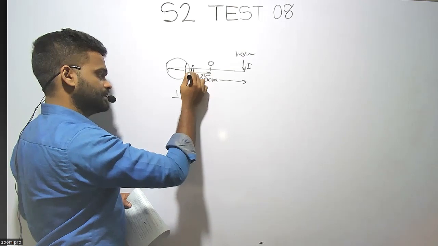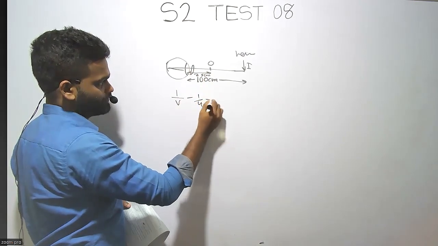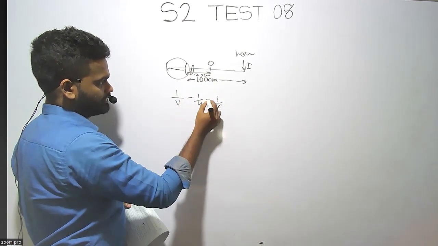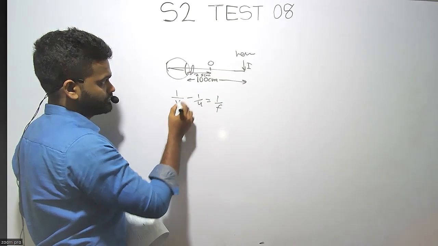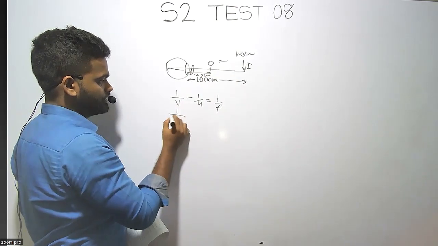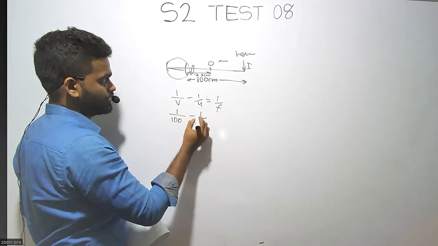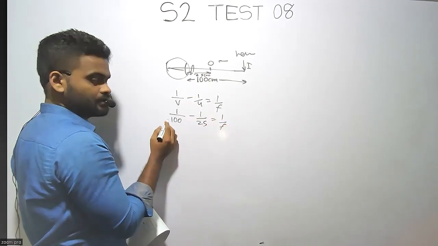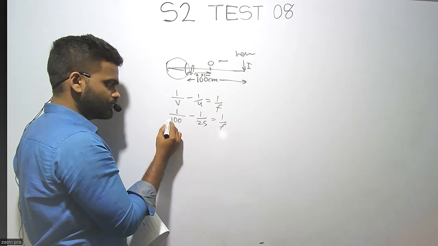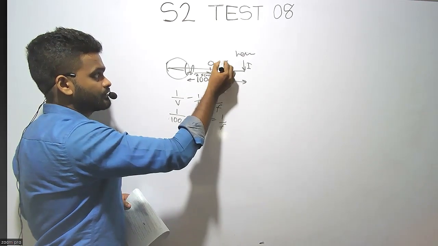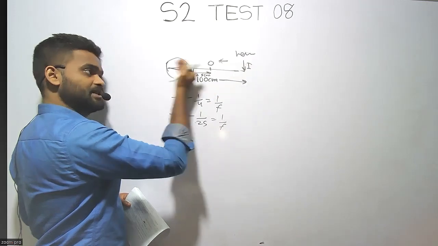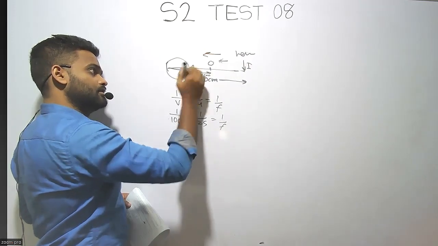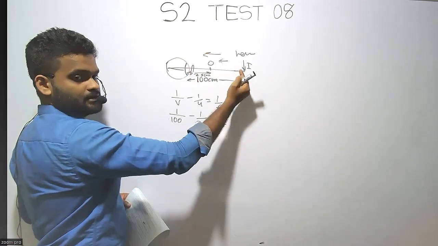In order to find the lens, just apply the lens equation. So V is 1 over 100, right? Minus 1 over U is 25. 1 over F. So notice these values are positive values. Why is that? The light is coming from this side, right? So the measurements are taken to the opposite side.